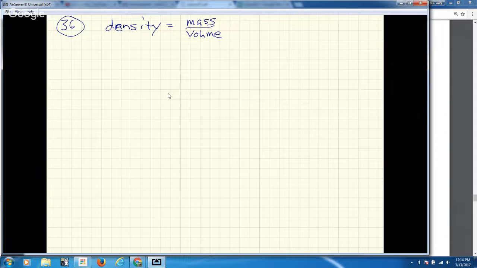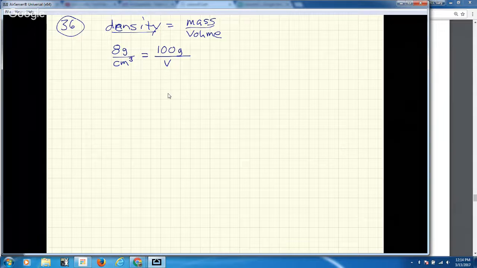And so we're given earlier that the density of steel is 8 grams per cubic centimeter. So that's my density. And the mass that we're given is 100 grams of steel to work with. And we need to figure out the volume.